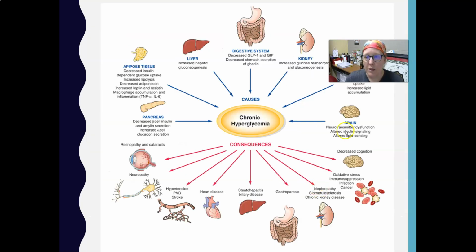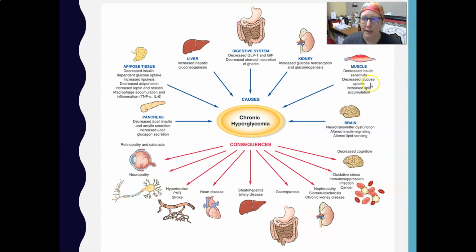So what are all the different consequences and effects? We have causes and then consequences here for chronic hyperglycemia, usually meaning type 2 diabetes. You can have neurotransmitter dysfunction in the brain, altered insulin signaling, and altered lipid sensing.